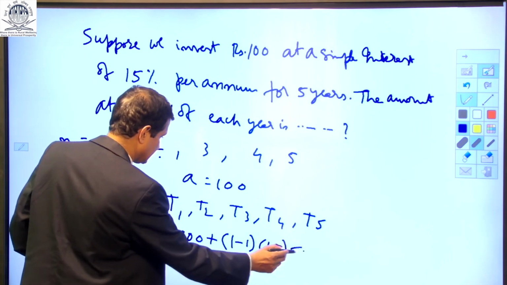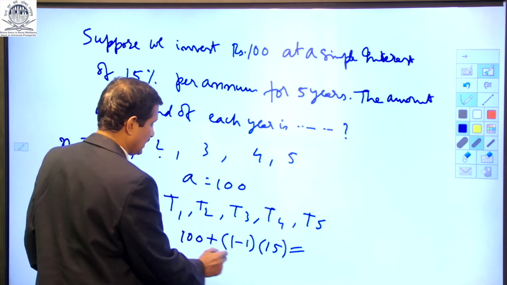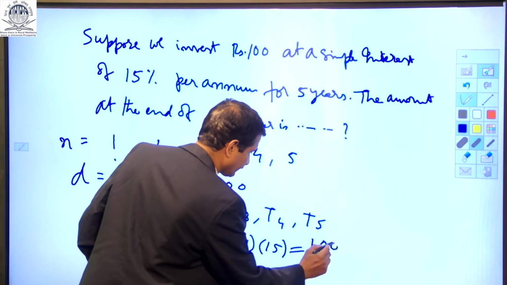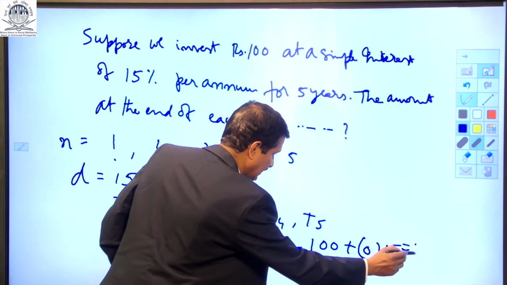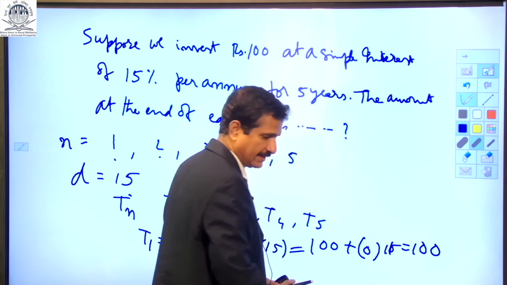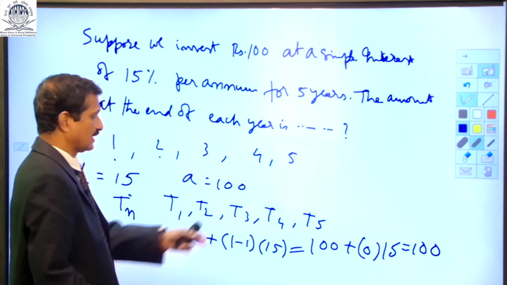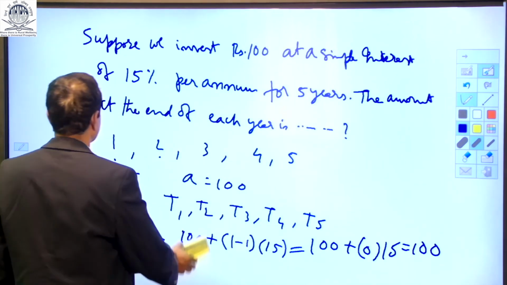So this is the starting point of time. You get 100 plus 0 into 15, that gives you 100. So this is the starting period. So 100 plus 0 is 100. Let us find for the second term now.